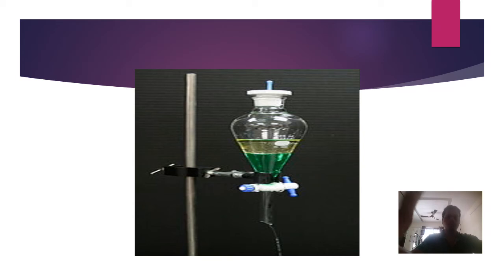Whenever we add any drug molecule in that, it gets distributed between the aqueous portion as well as the organic layer. By doing a titration of each layer, we can simply determine the concentration of drug in the aqueous layer as well as the concentration of drug in the organic layer.